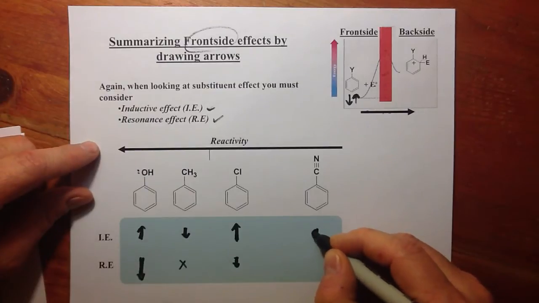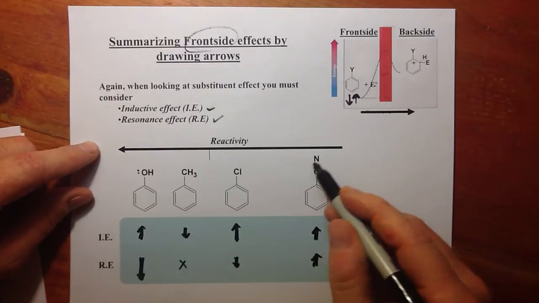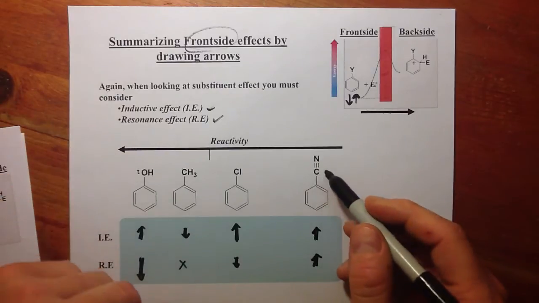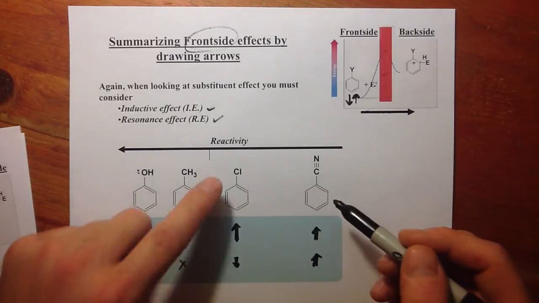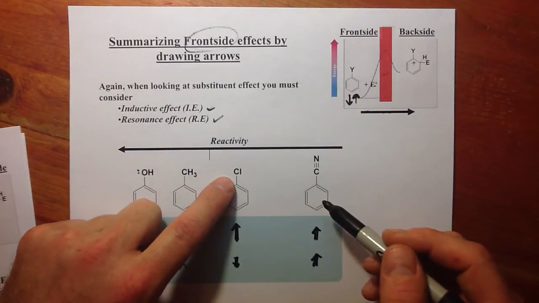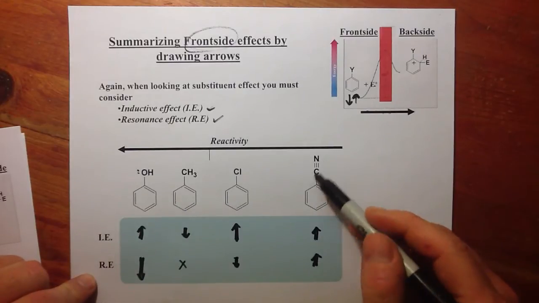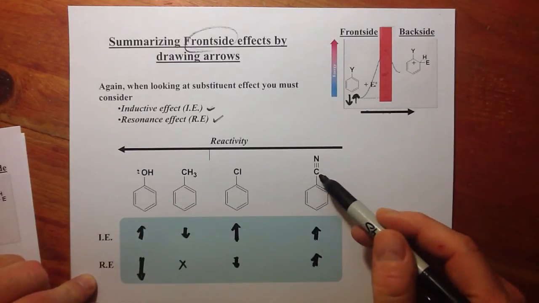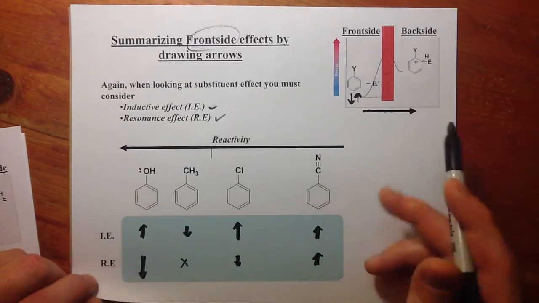Now this one, IE and RE pull the same way. So we can see why cyano groups and nitro groups are strongly deactivating, whereas halogens are just weakly deactivating, because the arrows for IE and RE go in the same direction towards the group when we have nitro groups, carbonyls, cyano groups on the benzene ring.